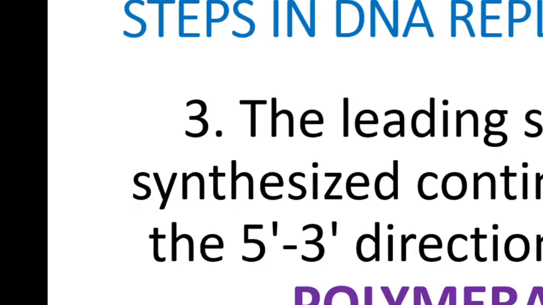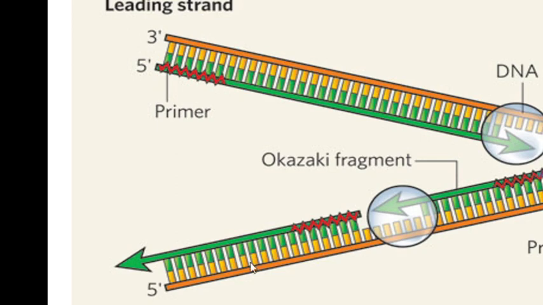So the third thing is the leading strand is synthesized in the 5' to 3' direction via your DNA polymerase. So always remember that your DNA polymerase is the one being used to elongate or to give you long copies of your base complementary, or your DNA base complementaries. Okay, so next. As you can see here, this is the leading strand. So it is in a 5' to 3' fashion.